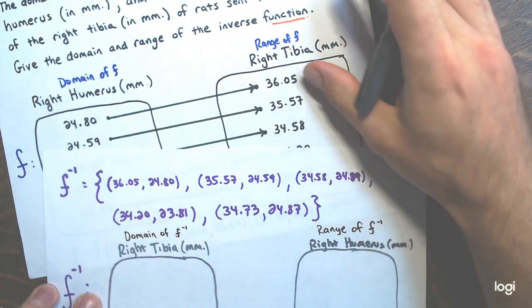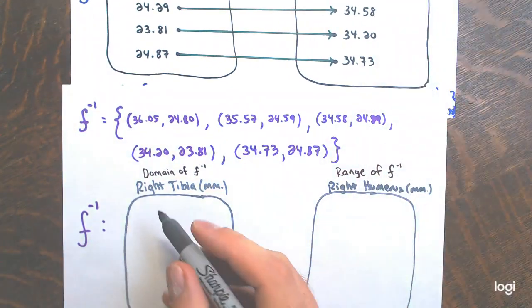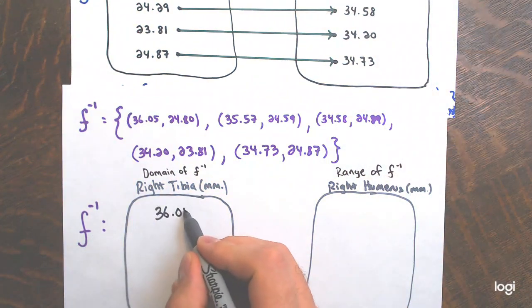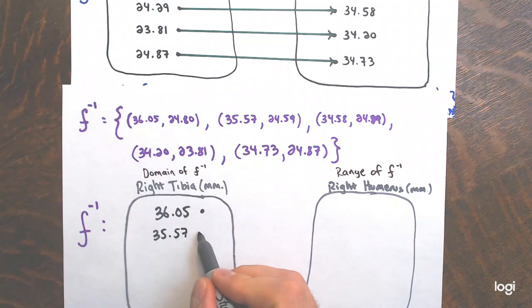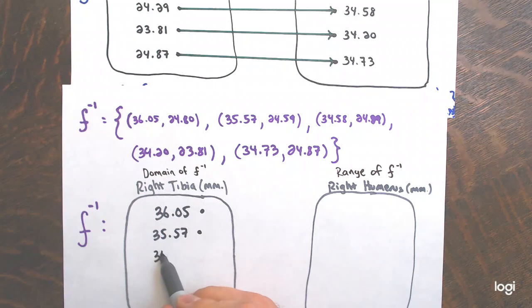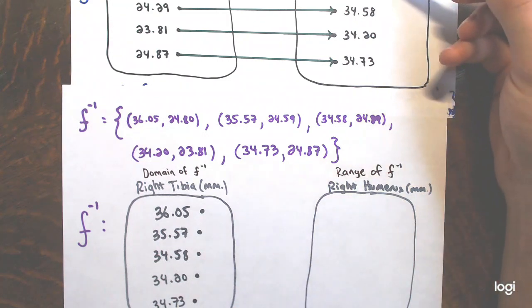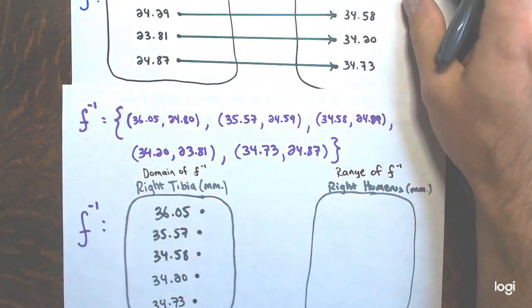I'll write them again here: 36.05, 35.57, 34.58, 34.20, 34.73, and I'll write this relationship up later.